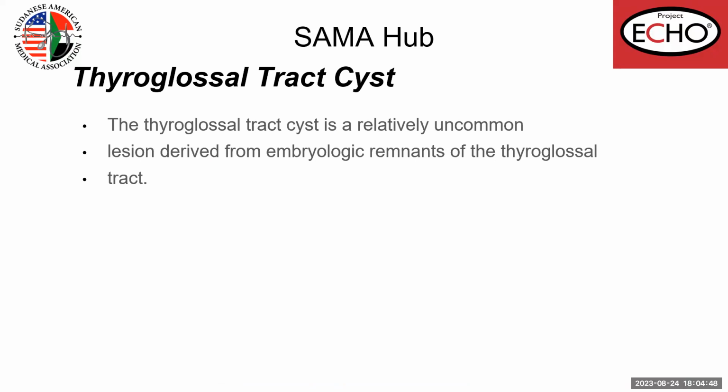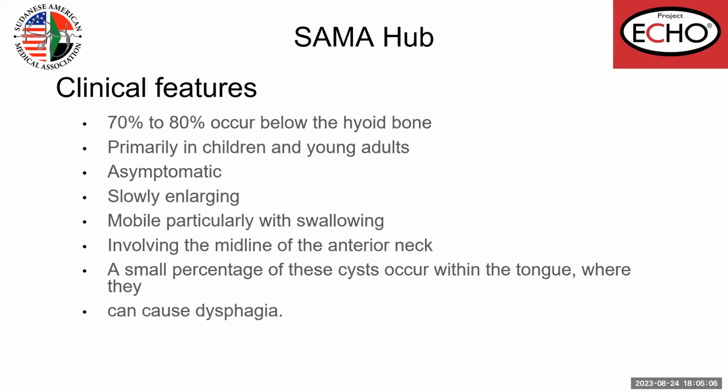The second entity is thyroglossal duct cyst or thyroglossal tract cyst. The thyroglossal tract cyst is a relatively uncommon lesion that is derived from embryological remnants of the thyroglossal tract. 70 to 80% occur below the hyoid bone, primarily in children and young adults.